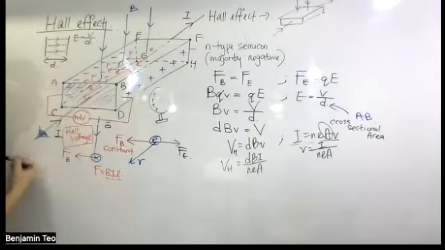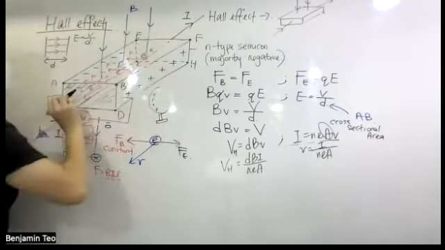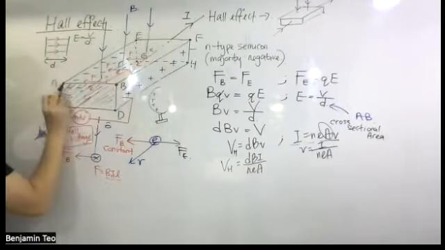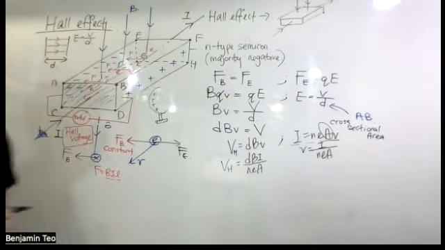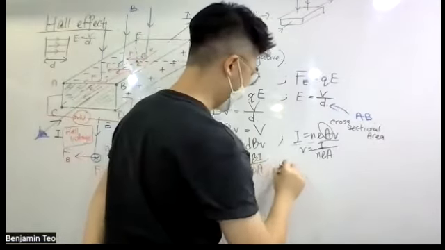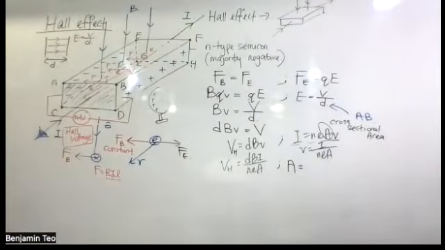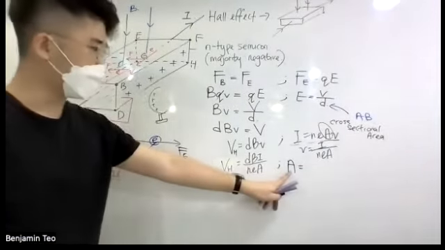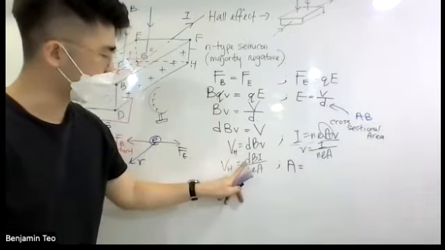This is the cross-section. Because your current is flowing like this, then what is the cross-section? A, B, C, D is your cross-section. So area equals, can I derive an equation? Can I write an expression of A in terms of d so that I can cross off this one?